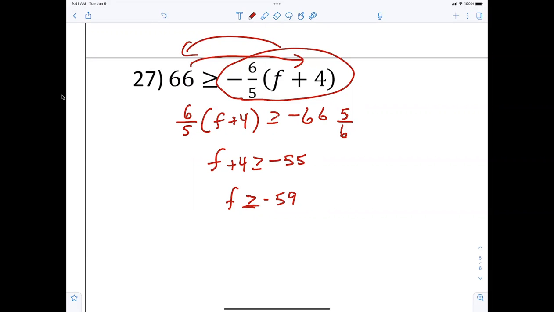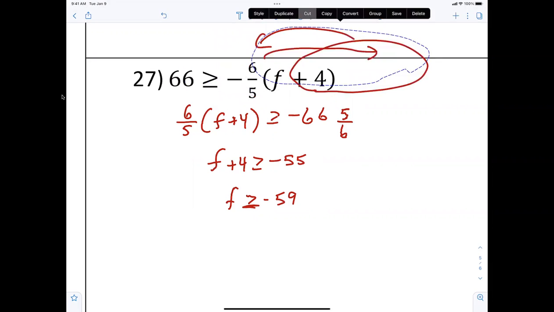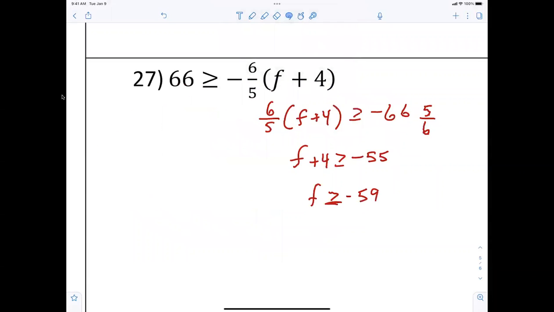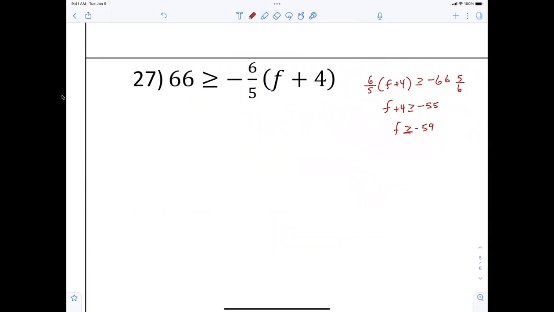How would you just flip the inequality like that? Because I thought you said we weren't allowed to flip the sign unless we were multiplying or dividing by negatives. When did I ever say that? But I will demonstrate for you. All I did was add 6/5 f plus 4 to both sides and subtract 66 from both sides.